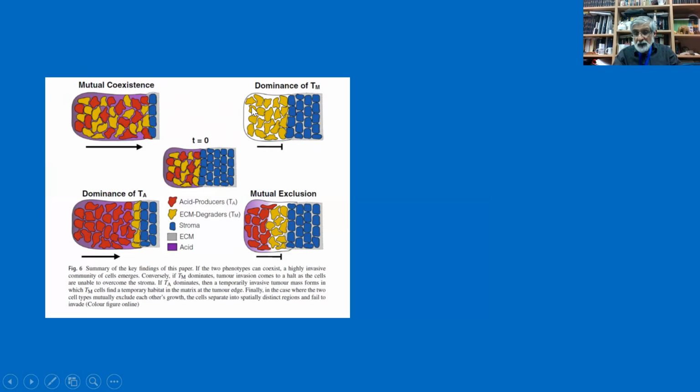If you have dominance of the matrix-degrading cells, you get just a stop after a while because there's no room for proliferation. On the other hand, if you have dominance of the acid-producing cells, you do get a temporary cell invasion before it stops. And then you can also get this behavior where you get spatially mutual exclusion of the two tumor cell types.